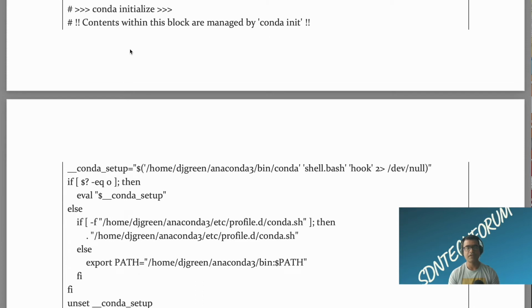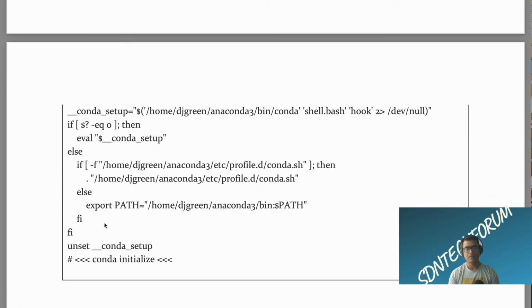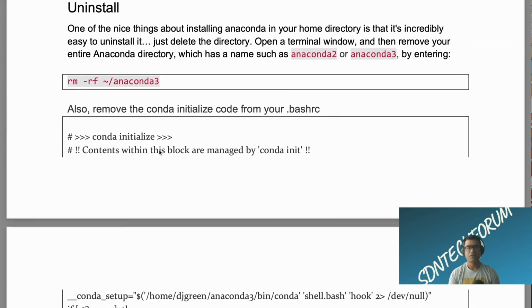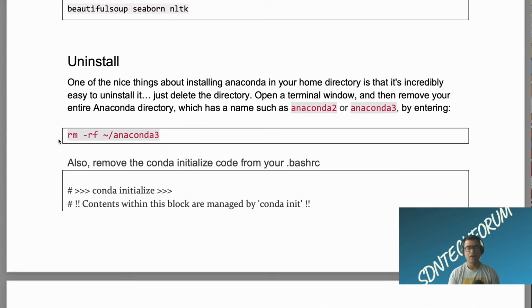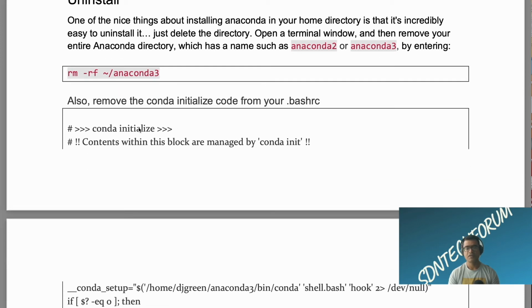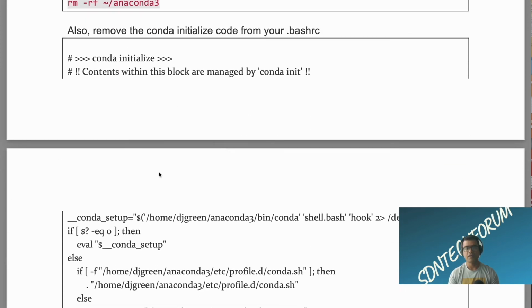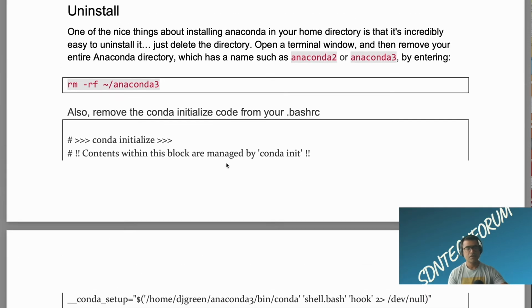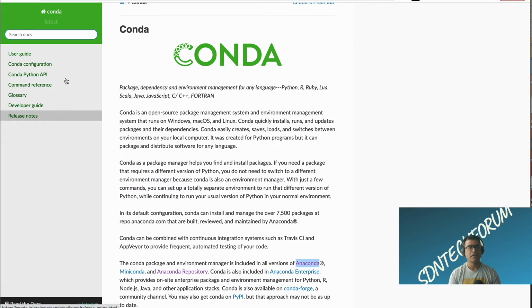This setup is created automatically when you install Anaconda, or when you say conda init. When you are doing an uninstall, do an rm -rf as well as go to bashrc or bash_profile and delete this setup.